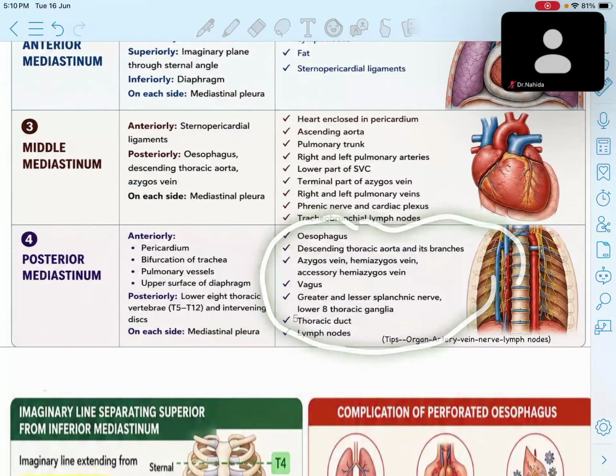Here, don't just memorize. The tip is to ask which organ is situated in the posterior mediastinum; just think, it is the esophagus. Which artery is present? The descending thoracic aorta and its branches. Which veins? The azygos vein, hemiazygos vein, and accessory hemiazygos vein.